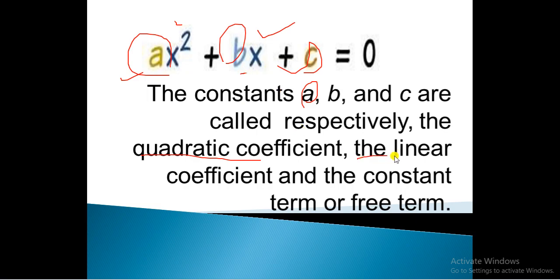B is called the linear coefficient because it is the coefficient of x, and the remaining one is c. It is the constant or the free term because it is not with any variable, so it is a free term. So a is the quadratic coefficient, b is the linear coefficient and c is the free term.